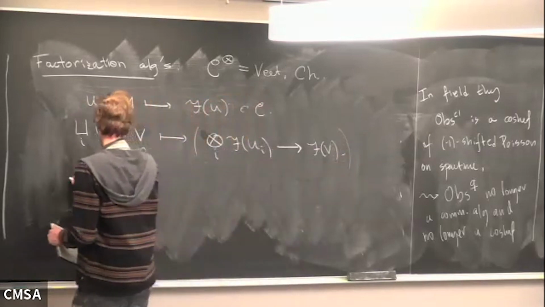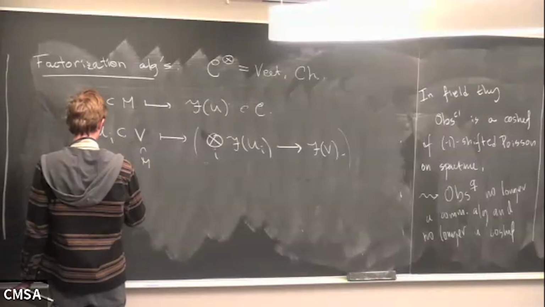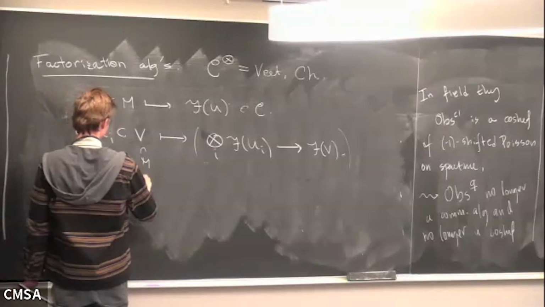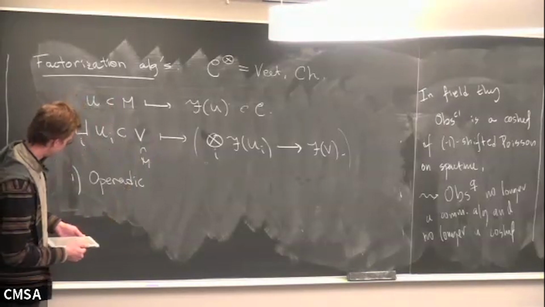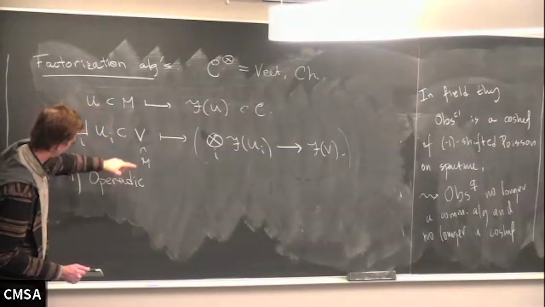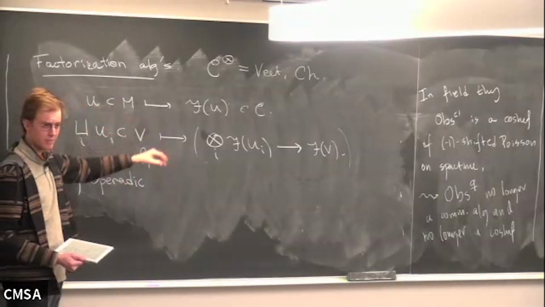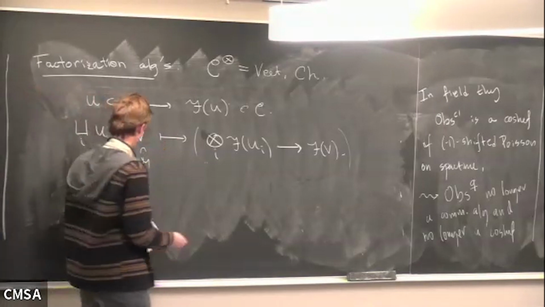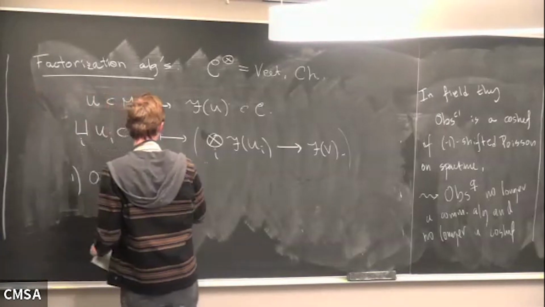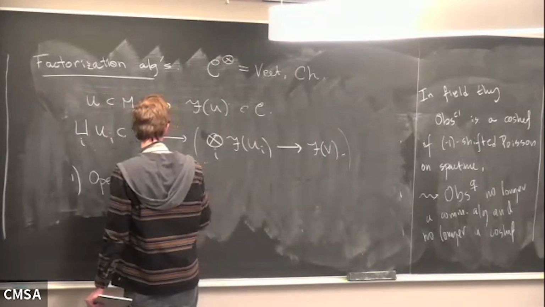And there are some axioms that we have to satisfy. The first is sort of an operadic axiom. One way to phrase this definition in a short way is to say that we're studying algebras over a particular operad. Really, it's a colored operad built from the manifold M. What that says is that these structure maps satisfy some associativity.